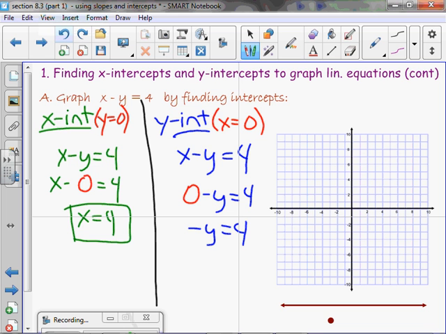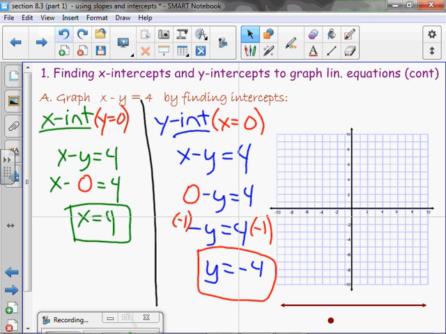Well, if negative y equals 4, then positive y must be the opposite. So positive y is going to equal negative 4. If you didn't see it like that, then what you could say we are doing is multiplying both sides by negative 1. We're dividing both sides by negative 1. It does the same thing. But nevertheless, I get that y is equal to negative 4.